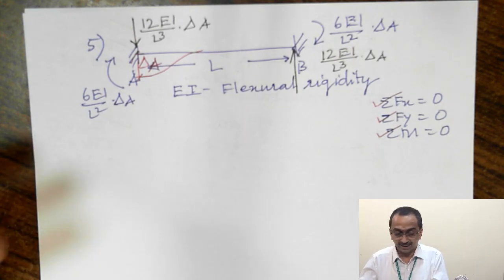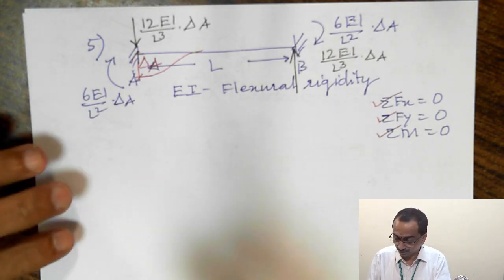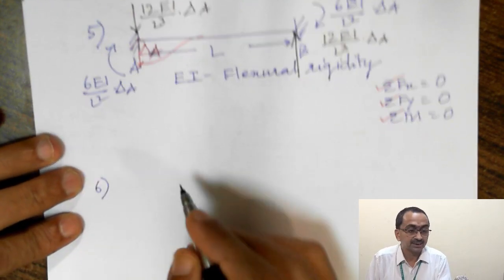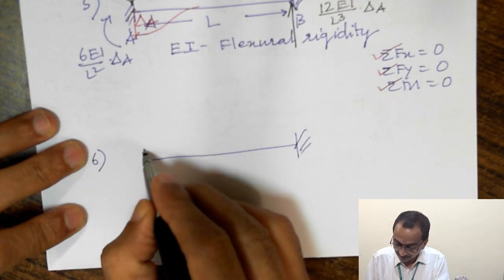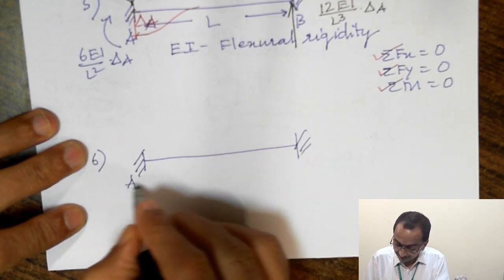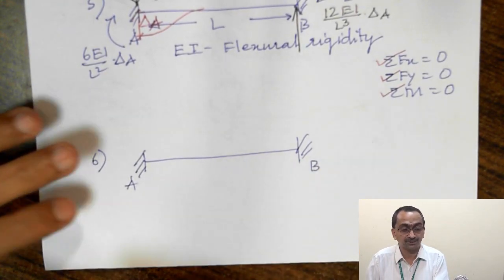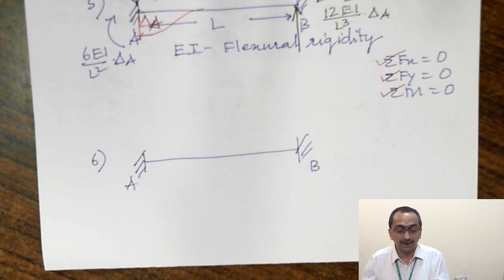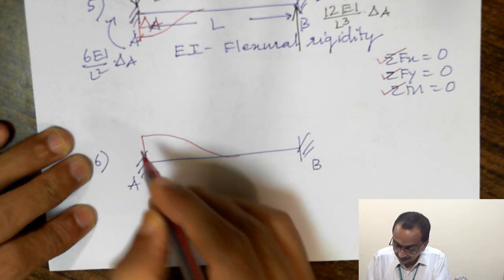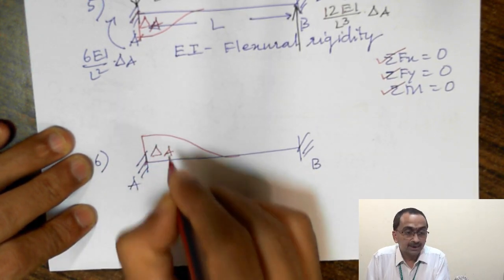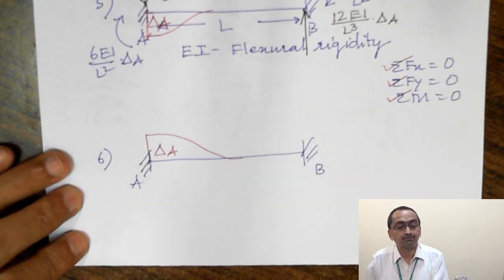Now, next case, as we have seen in rotation deflection, case number 6 is another example, beam AB, and as all of you must have judged, this time I am providing deflection delta A in upward direction.